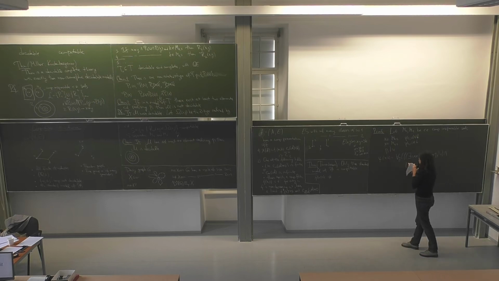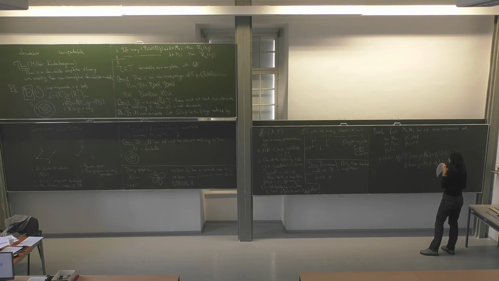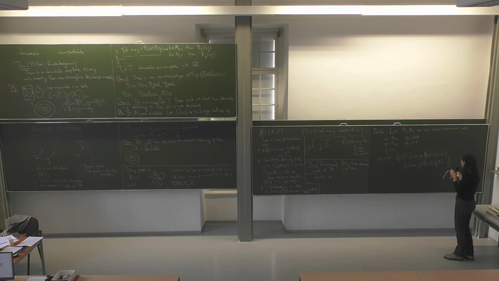Otherwise, if there exists an s less than x such that y belongs to M1 by stage s, then p_y does not divide u. Okay, so this is our formula.